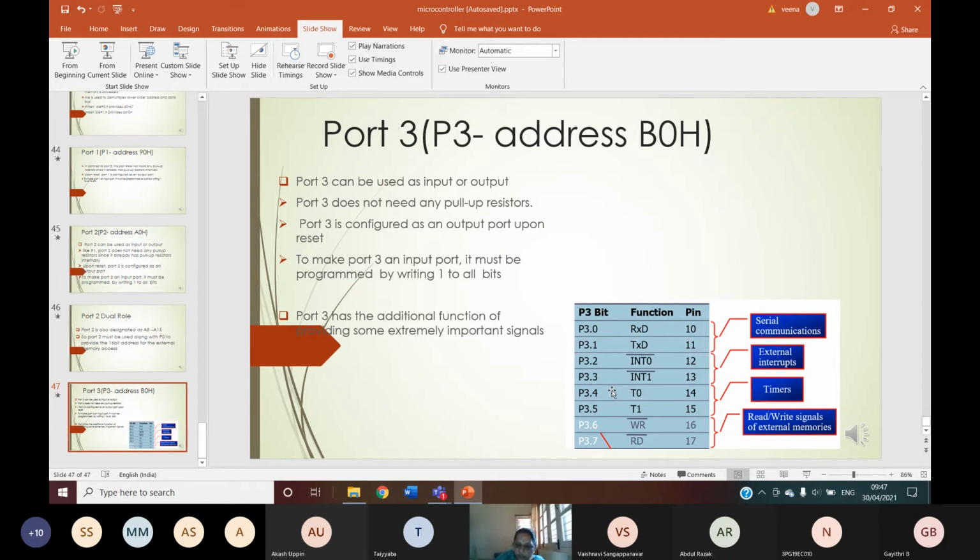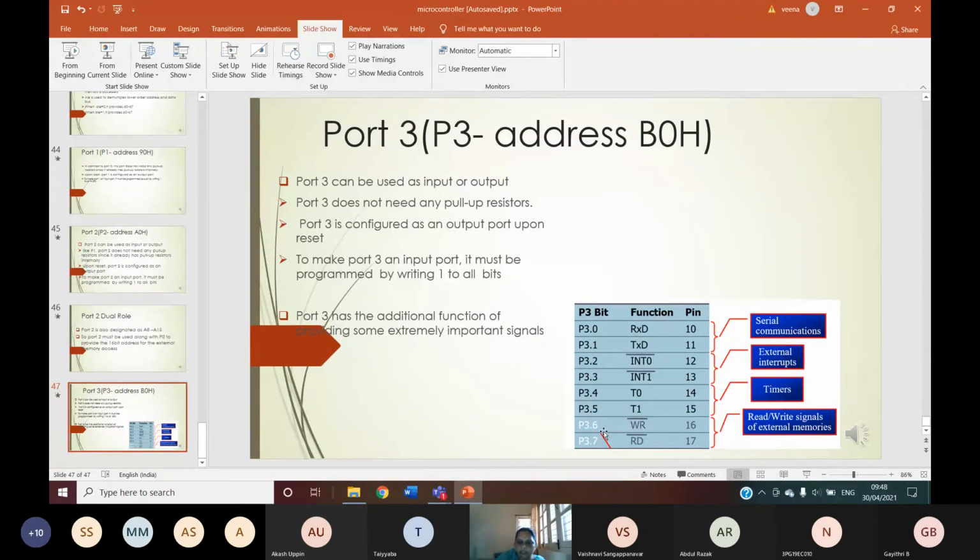Usually these lines are used if you want to run the timer on a different frequency. The external clock is connected to the timer using these lines, for timer 0 and timer 1.